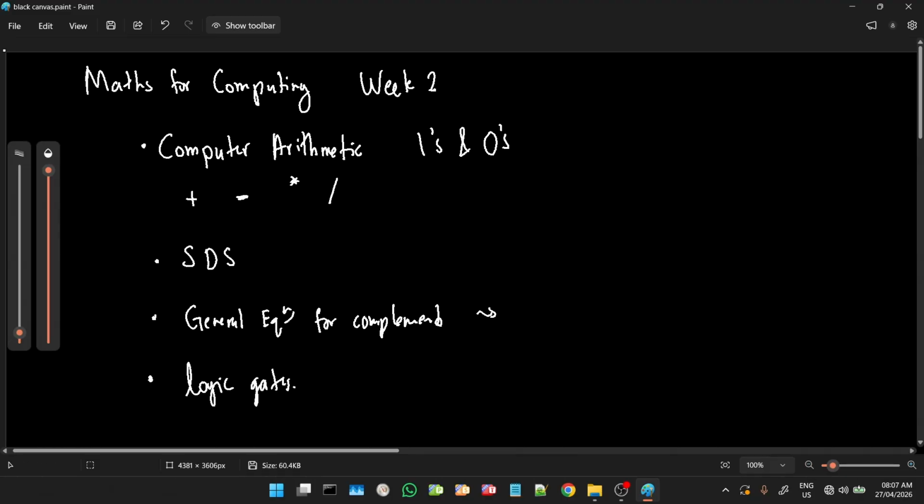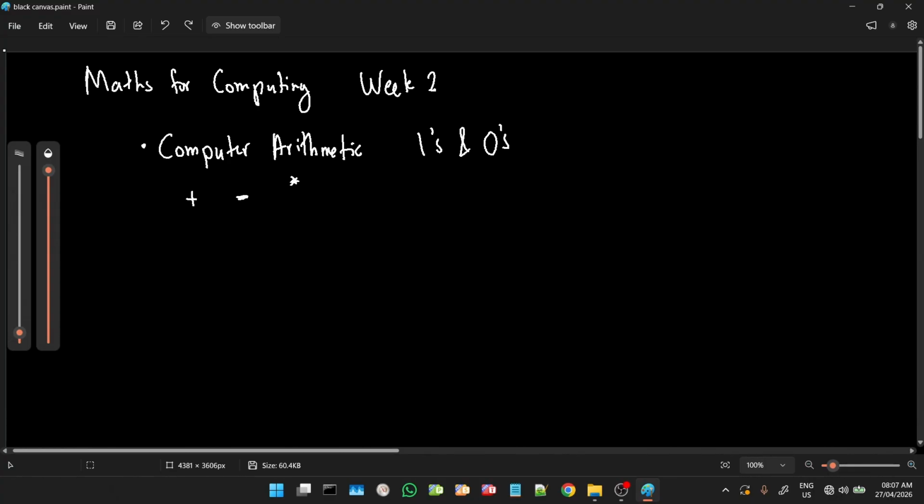Before we learn anything else, let us first of all talk about computer arithmetic. Computer arithmetic is simply adding, subtracting, multiplying, or dividing ones and zeros. So if you add a 0 and a 0, you'll get a 0.